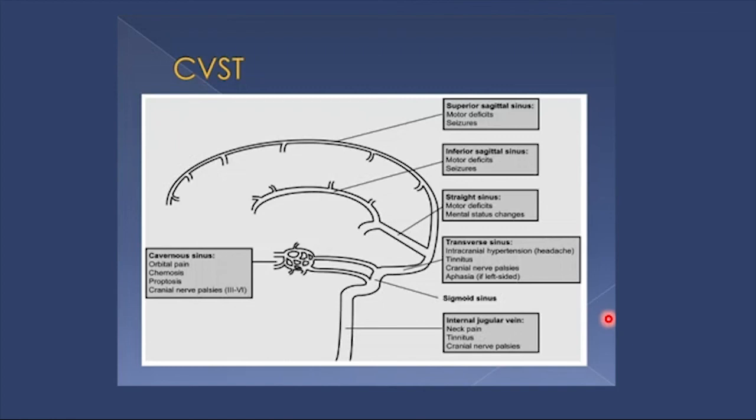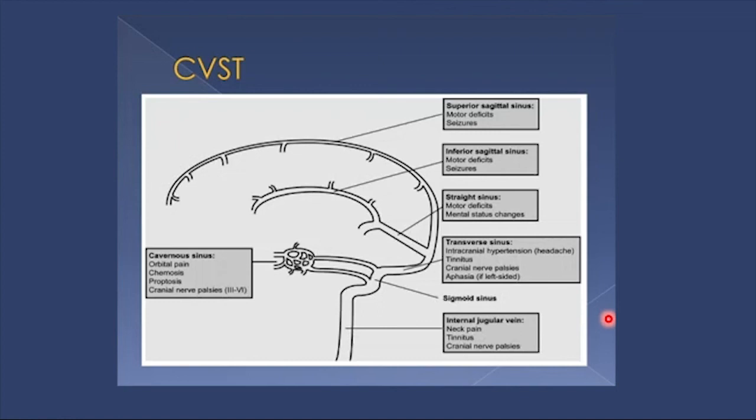This slide was to highlight what the syndrome or the presentation will be like depending on the location of the thrombosis. So I'd like to mention the superior sagittal sinus will present with motor deficits and seizures, and the different locations may give you different kinds of presentation. So with cavernous sinus thrombosis, for example, you'll get orbital pain, cranial nerve palsies of the nerves that pass within the cavernous sinus, orbital pain, chemosis, proptosis.